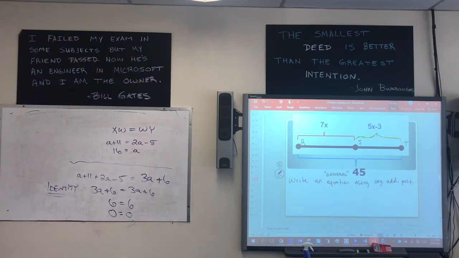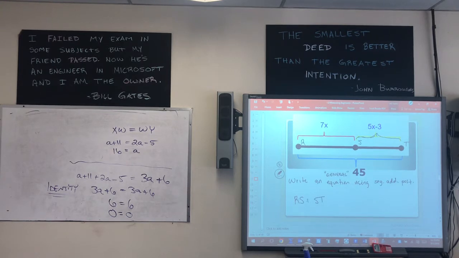This is the way I want you to think about this, just like you're reading a book. You read a book left to right, correct? So as I'm looking at this and trying to figure out these components, I come across the first letter, which is R, and I get to the second letter, which in this case is S. So RS is my first segment. I'm then going to travel from S to T, right?